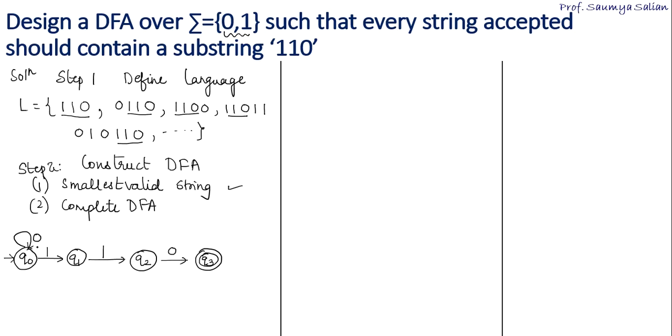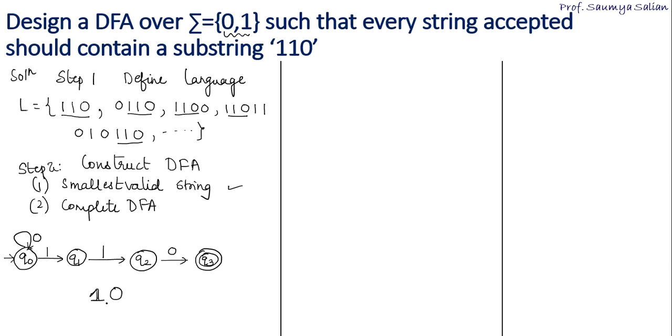Q0 state has responded to 0, it has responded to input 1. Coming to Q1. To reach Q1 from the initial state, I have the basic input, that is 1. Q1 has already responded to input 1, it has to respond to input 0.